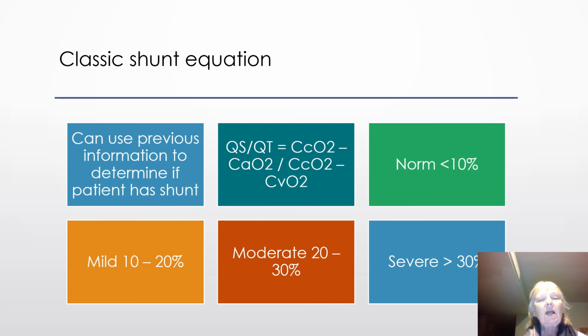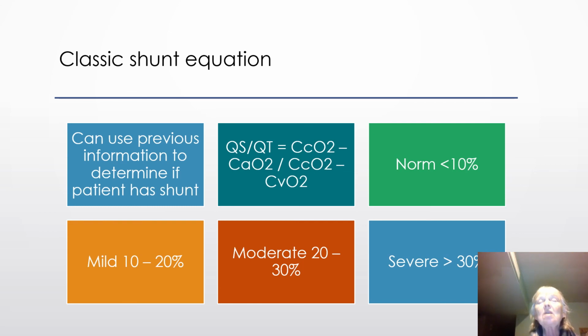And then we look at the classic shunt equation. The shunt tells us what kind of good shape or bad shape this patient is in. The shunt equation is basically QS/QT: cardiac output being shunted over how much you put out, which is your total cardiac output. Normally, we take anything less than 10% as being normal. We're not too terribly concerned about it. Mild is 10 to 20%.